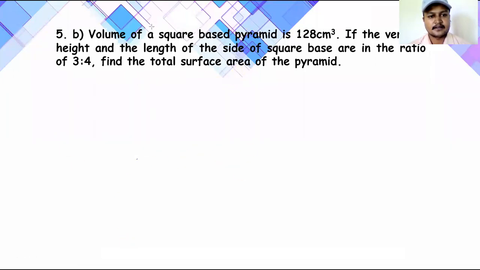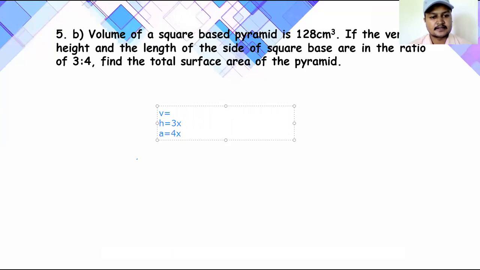So three values are given here. One value given to us is volume. Next value given to us is length of side and height. Vertical height, we have to say let it be 3x because ratio is 3:4. And length of side, that is A, we have to say let it be 4x.